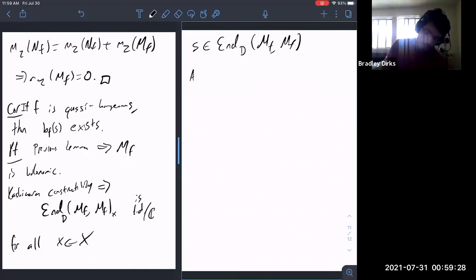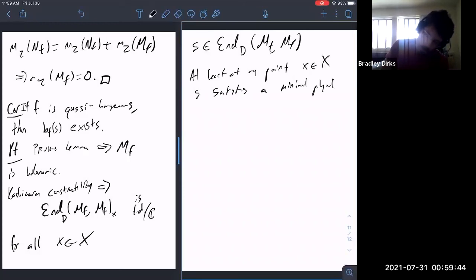So at least at any point x in X, s satisfies a minimal polynomial. But then, right, we can say X is quasi-compact.